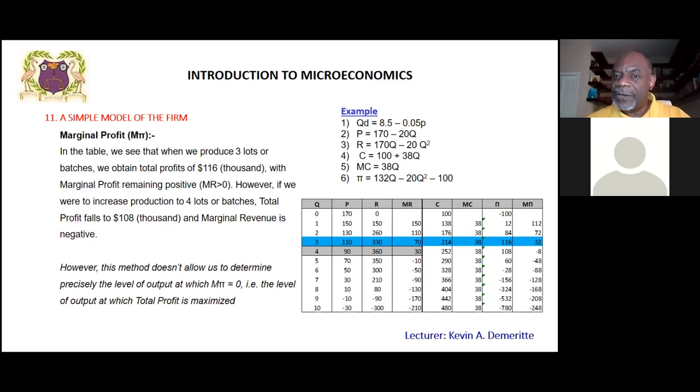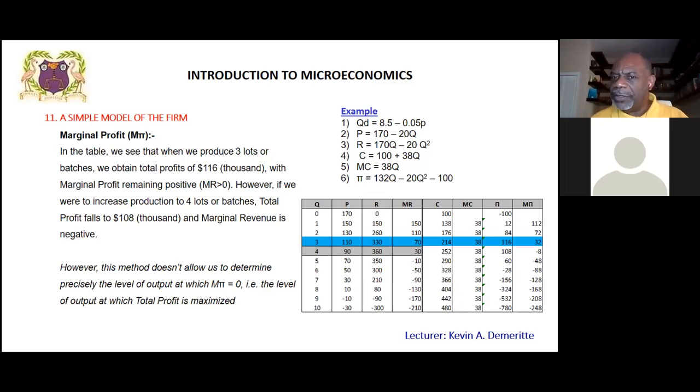Our demand function says what price we need to charge when we change quantity. So again, we're talking about the change between the two variables. If you look at our revenue function, we want to know how much revenue is going to change when quantity changes. So the slope of the revenue function is how much revenue is going to change when quantity changes.